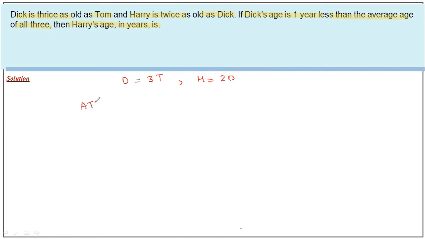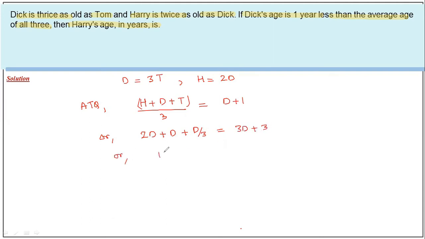Now according to question, h plus d plus t by 3 is equal to d plus 1, or 2d plus d plus d by 3 is equal to 3d plus 3, or 10d by 3 is equal to 3d plus 3, or 10d is equal to 9d plus 9.